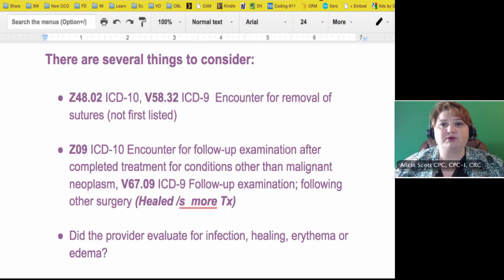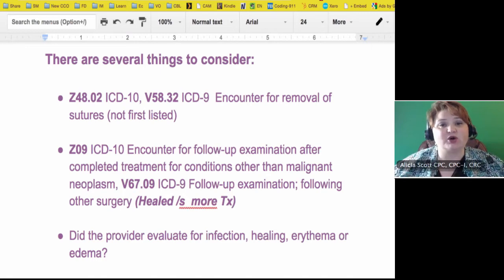But remember that this is healed without more treatment. So that S with the backslash, that's the medical abbreviation for without. So again, this code would be there's no more treatment.